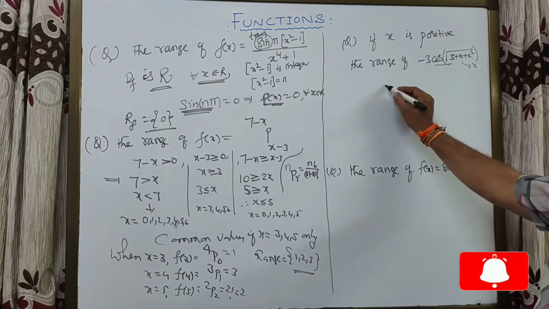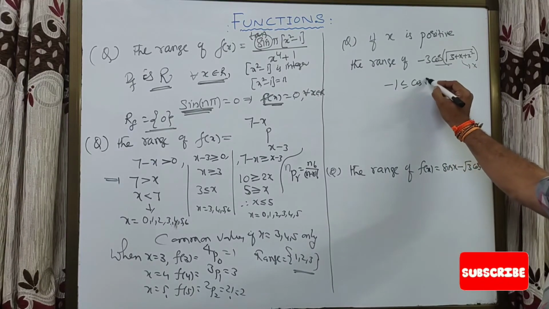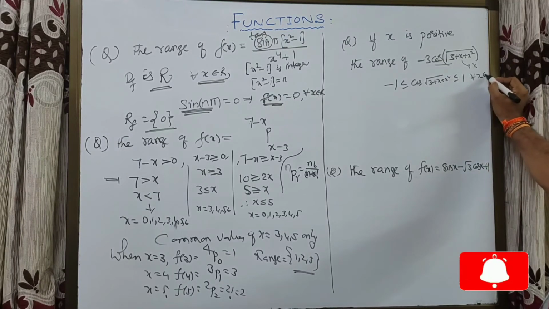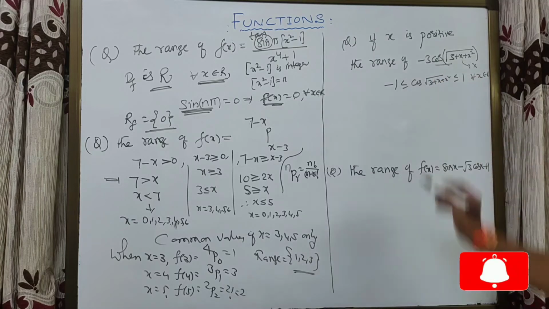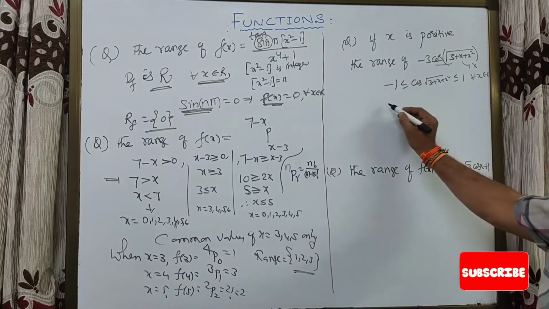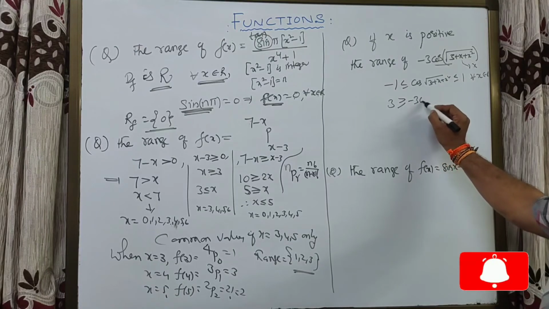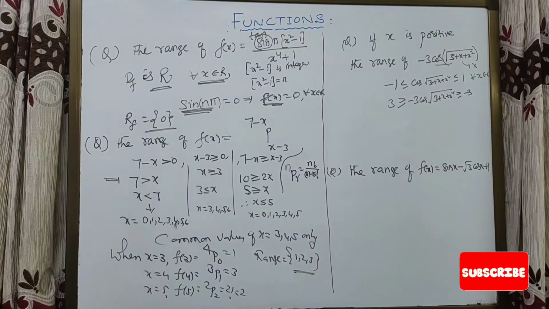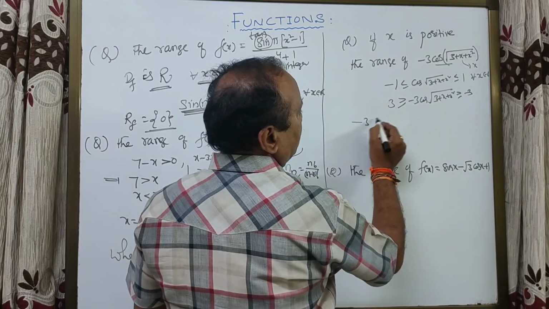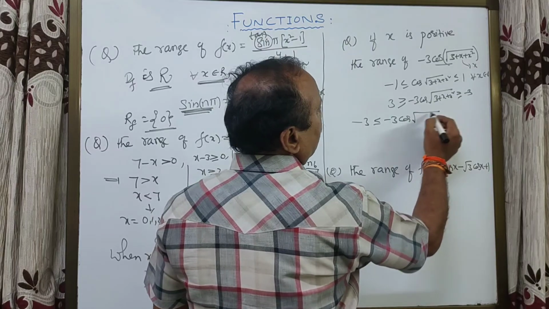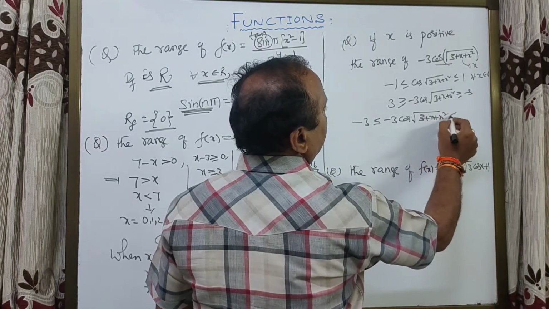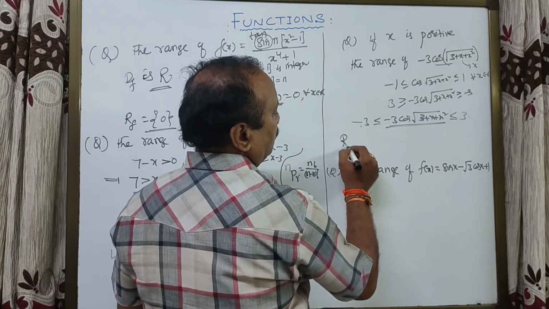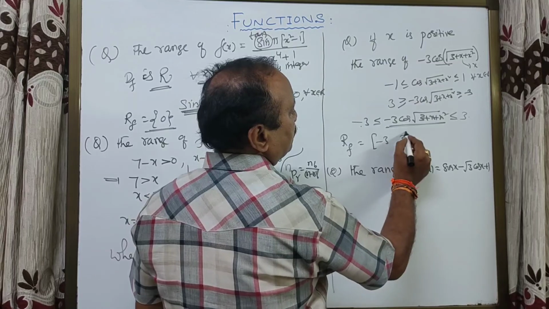But the cos value always lies between minus 1 and 1 for any value of x. Here it is multiplied by minus 3, so 3 is greater than or equal to minus 3 cos of root of 3 plus x square, which is greater than or equal to minus 3. Writing in reverse order, minus 3 is less than or equal to minus 3 cos root of 3 plus x square, which is less than or equal to 3. So this value lies between minus 3 and 3. Now the range of f equals the closed interval minus 3 to 3.